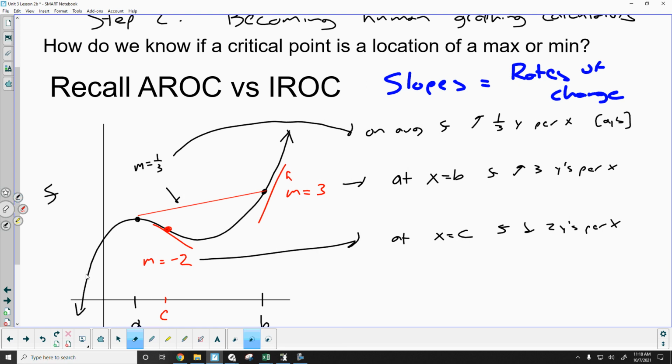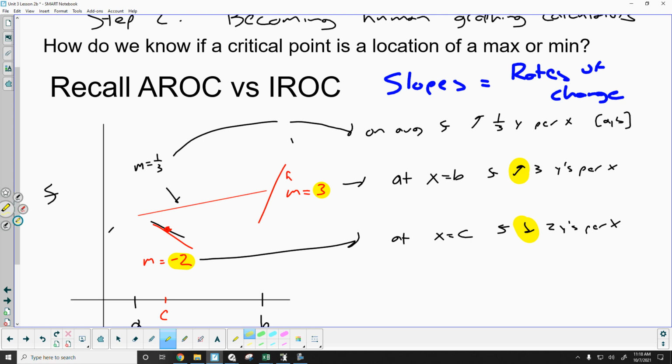What if I didn't have the function? What if I couldn't see the function? How could I know, based on my slope values, if I was going up or down? Tell your neighbor. If I couldn't see the function, how would I know if it's going up or down by looking at those slopes?